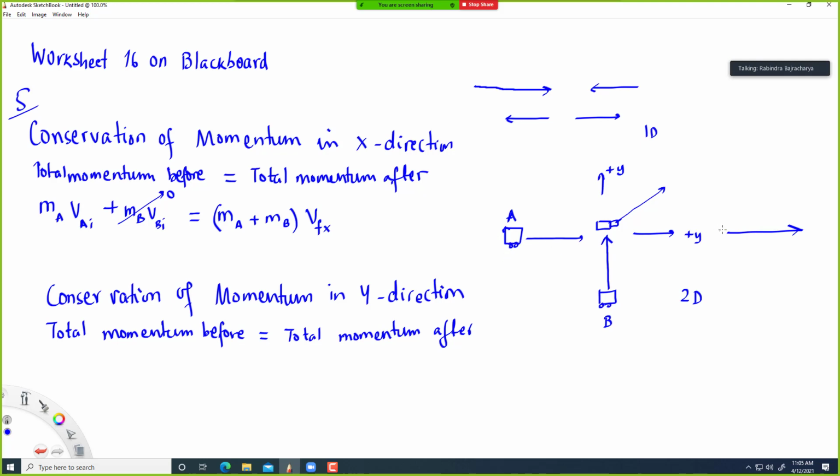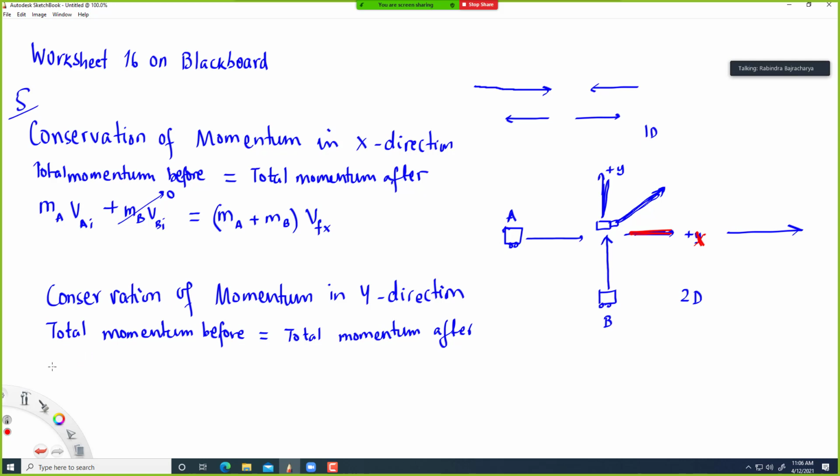They move along this direction after the collision, but this momentum has a part along this direction and a part along this direction. So we are talking about only this part, x direction, that is x.